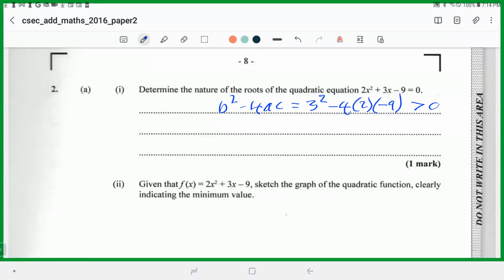That is greater than 0, because negative times negative is positive. I don't need to know the value, I just need to know it's greater than 0 or not. So since it's greater than 0, roots are real and distinct. The two different roots. That's what it has, right?